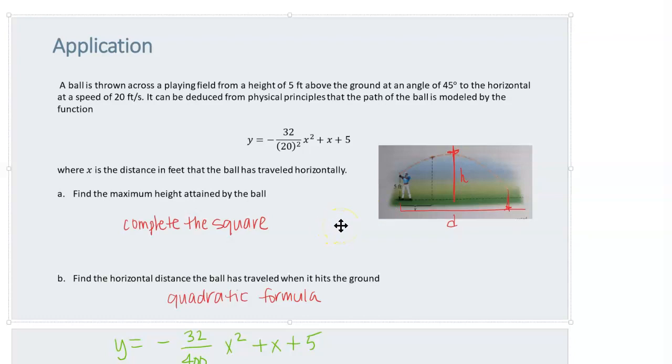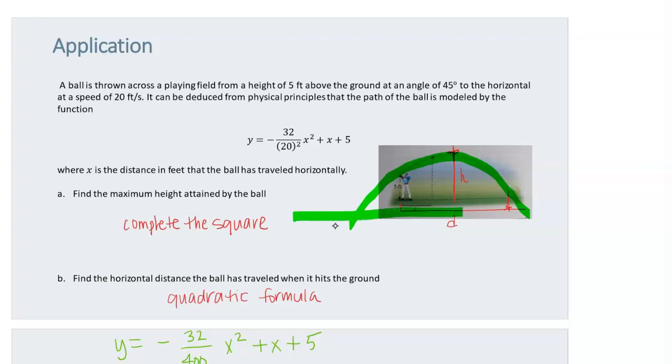For the second part, we want to find the horizontal distance that the ball has traveled. And if I think about this whole trajectory as a parabola, there are two places where the graph is going to cross this sort of fake x-axis that I've made. And one is going to be way back here, and one is going to be here. This one we kind of reject because it has to do with before time starts.